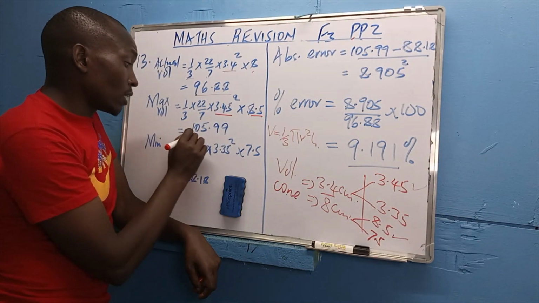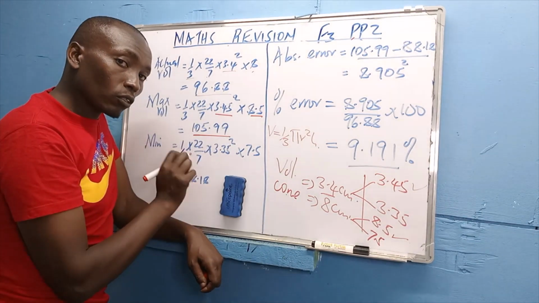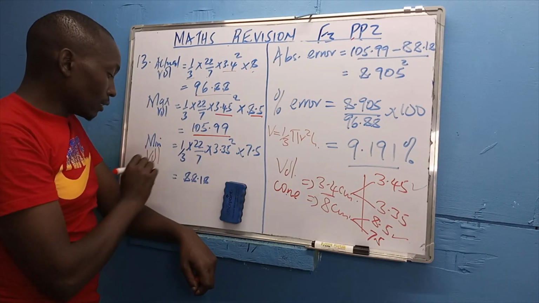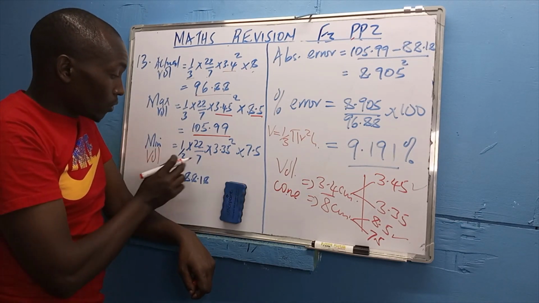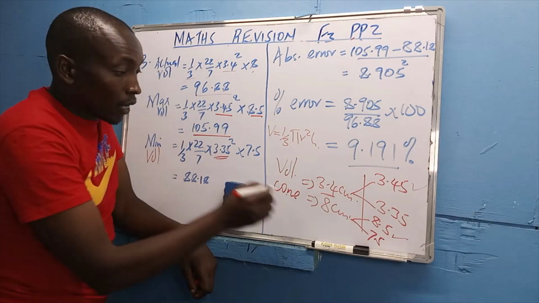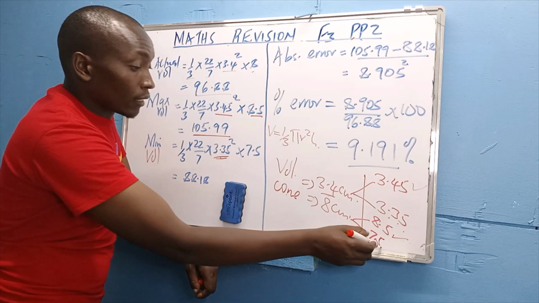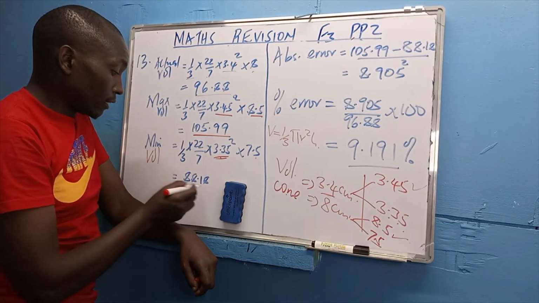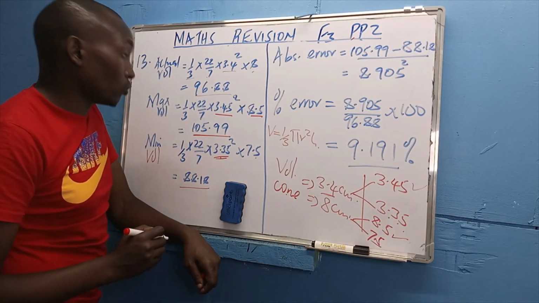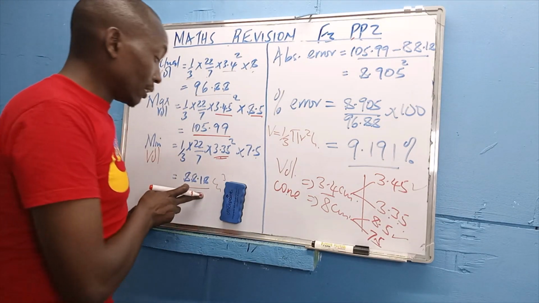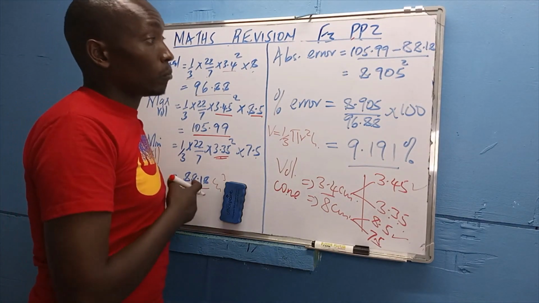So that will give me the maximum possible volume for this cone. The minimum possible volume, remember this is the minimum possible volume, will be when I'm working with the lower limits, 3.35 as the radius and 7.5 as the height. And I'll get 88.18 centimeters cubed. So this is the lowest volume possible.